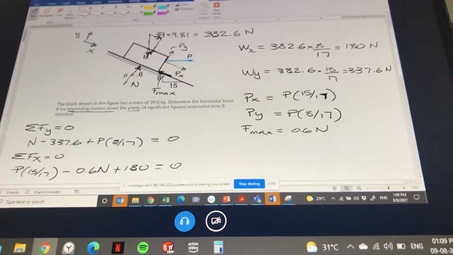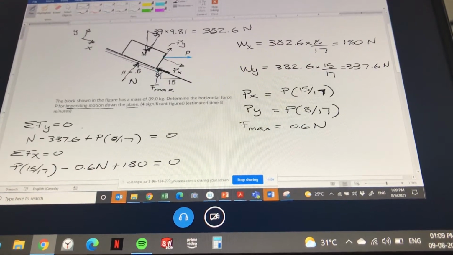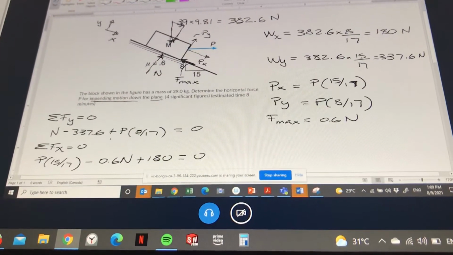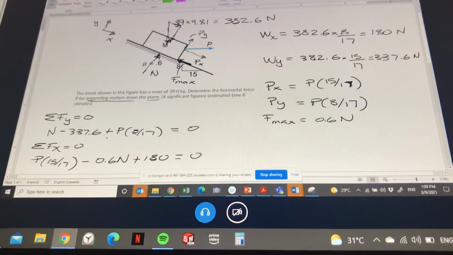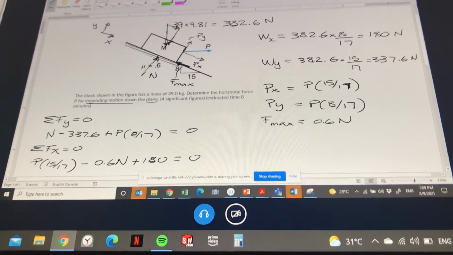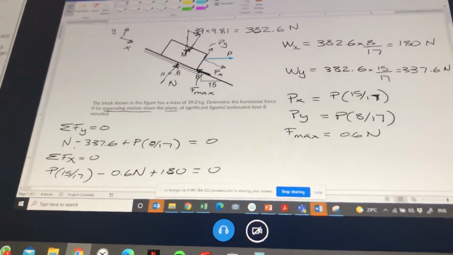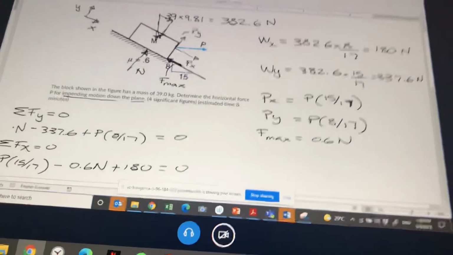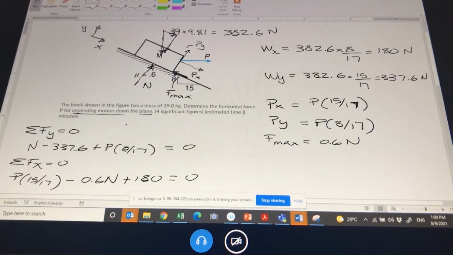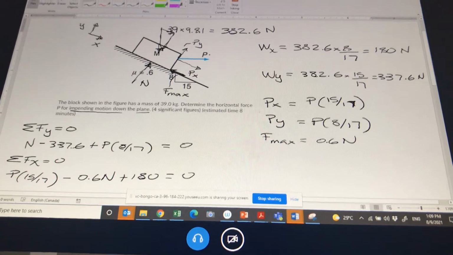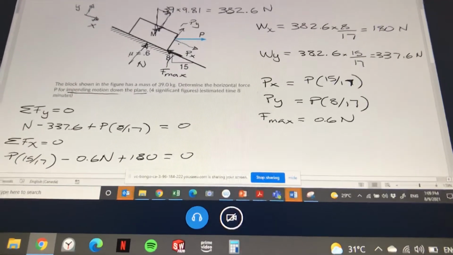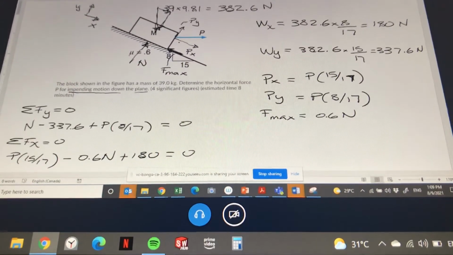As you can see, you have two equations with two unknowns. So if you have two equations with two unknowns, you can solve this system of equations to find the normal force, which is really not what you're looking for, but the value of P, which is what you are looking for. There's a number of ways of doing that.